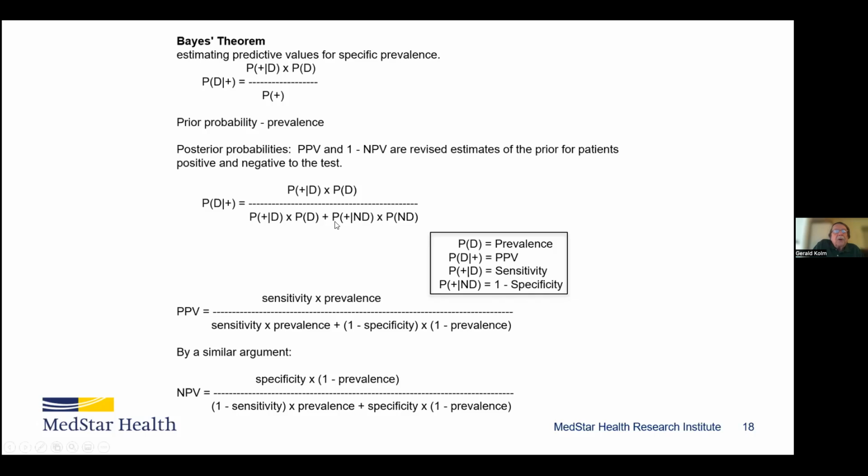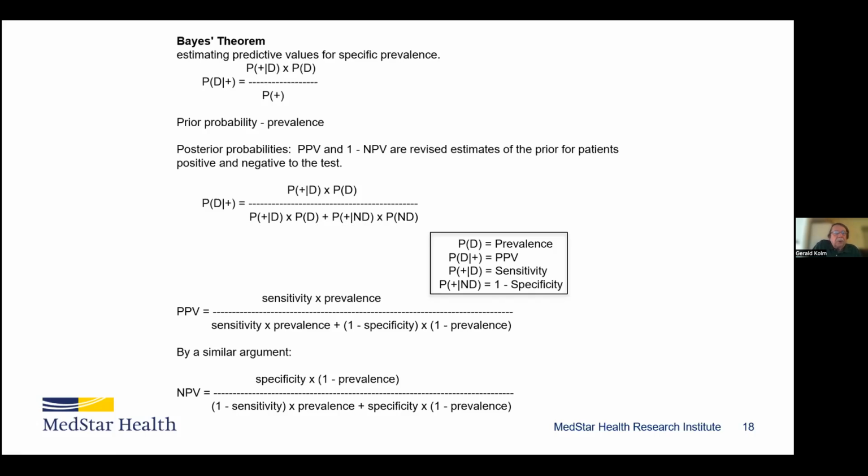We can do our calculation with the same numerator as up here, but we can rewrite our denominator as the probability of a positive test given disease times the prevalence, plus the probability of a positive test given no disease times 1 minus the prevalence.